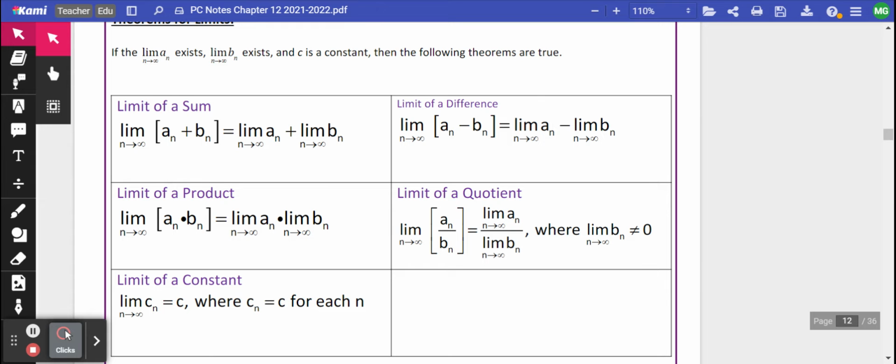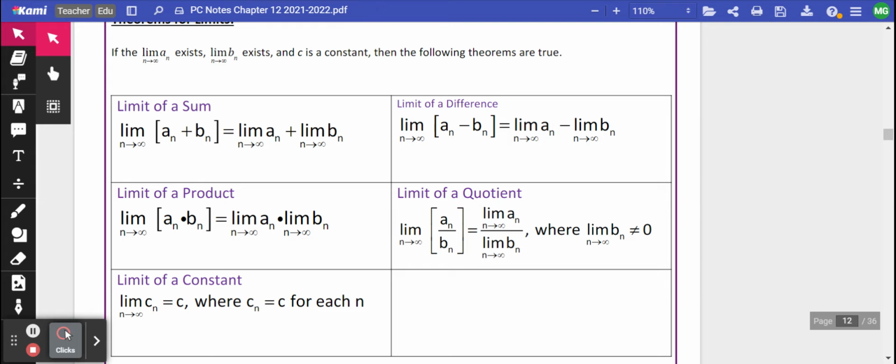Same thing goes for subtraction. Same thing goes for multiplication and division. Okay, so we can take individual limits of different terms and then apply whatever the operation is, if it's multiplication or division.